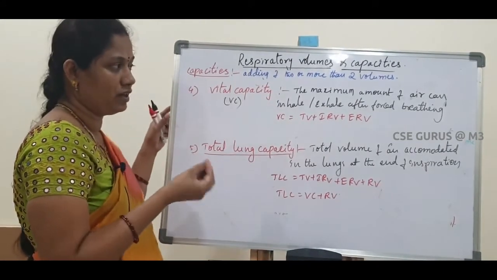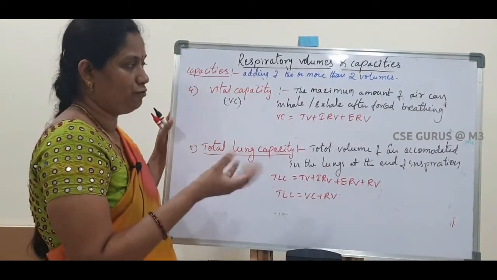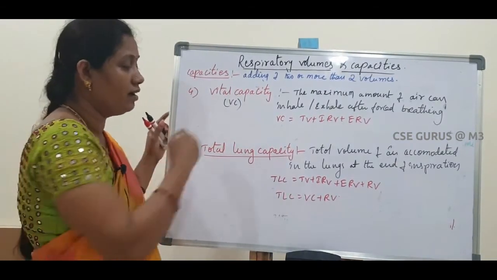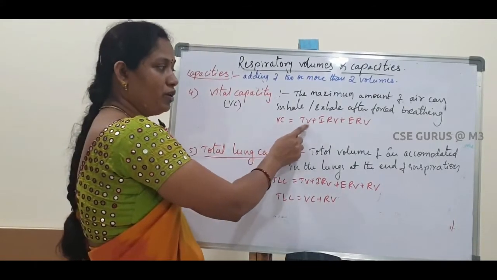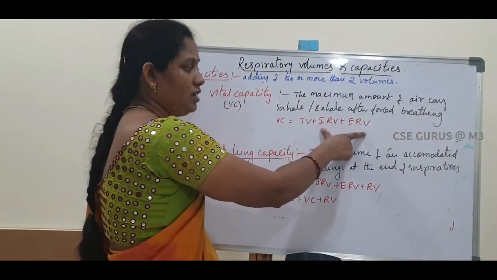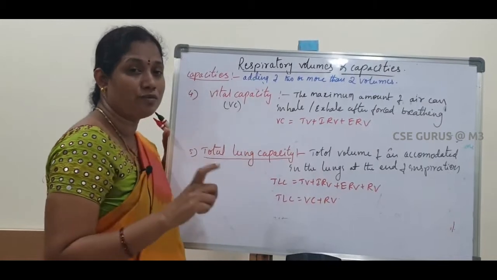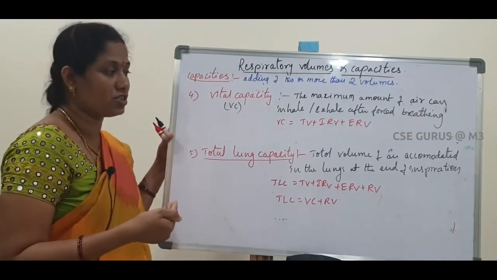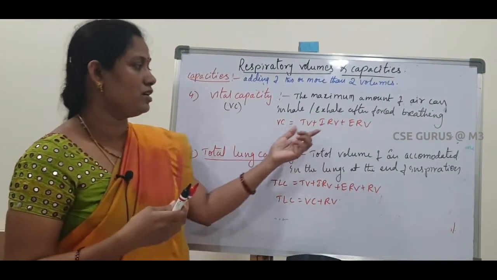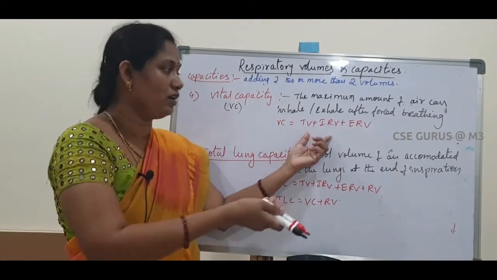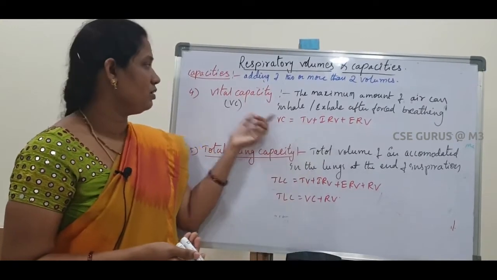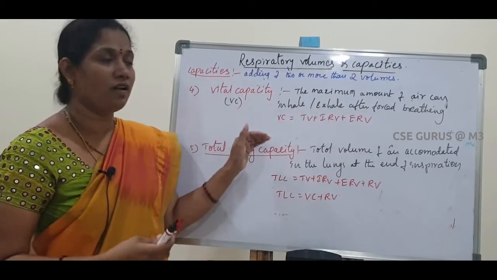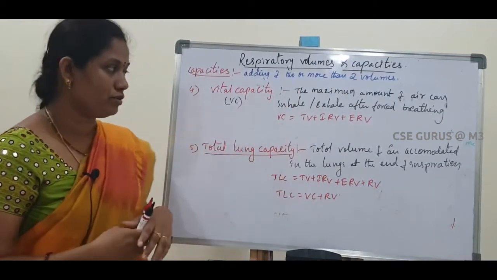How much air can I then take in? The tidal volume, IRV and ERV after forcible exhalation. In the same way, after forced inhalation, these volumes we can exhale. So this is vital capacity: the maximum amount of air that can be inhaled or exhaled after forced breathing.